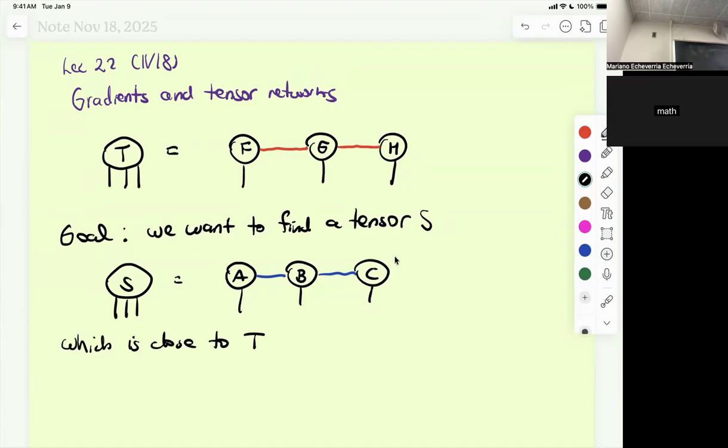The way I'm doing it is I fix the ranks ahead of time, and I just want to find a tensor of those particular ranks which is close to the given one. As I discussed, there are variations of schemes where the rank doesn't have to be fixed ahead of time, but this is the easiest one to explain.